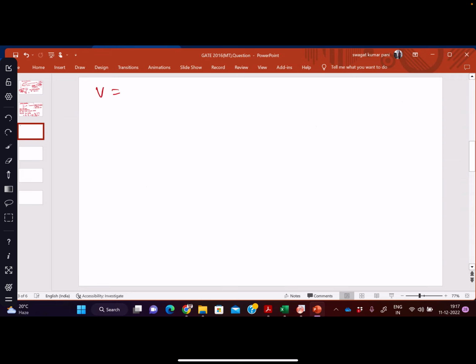So further we can write, this is the velocity, this is a constant, this is also a constant. So now we can write in terms of shear stress, this is the applied shear stress tau. This comes from this relation only.